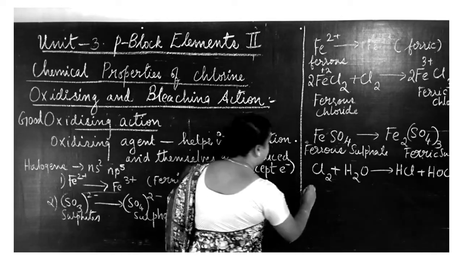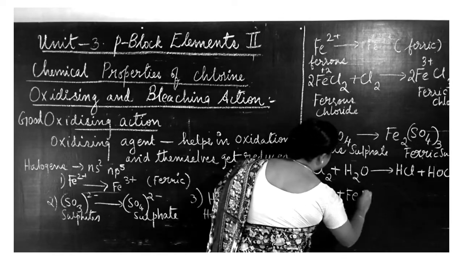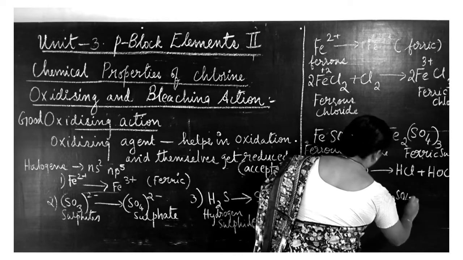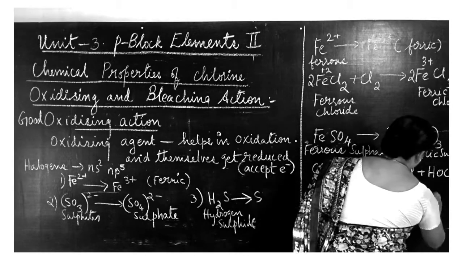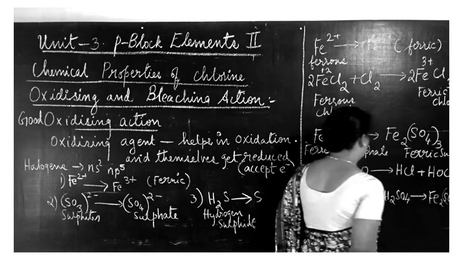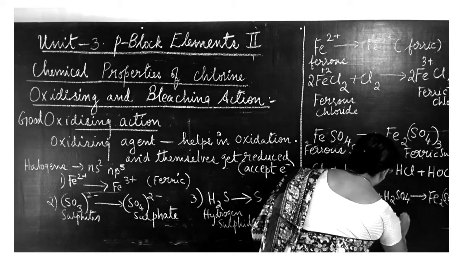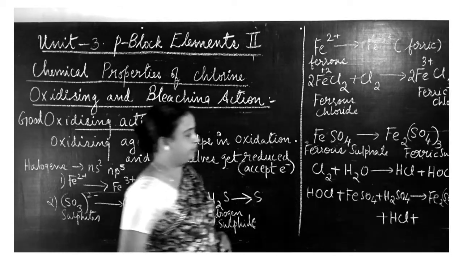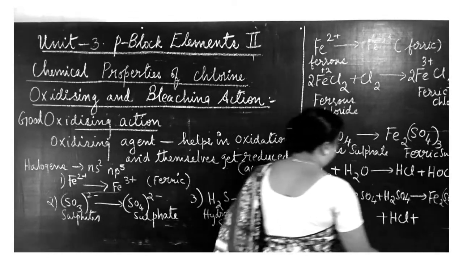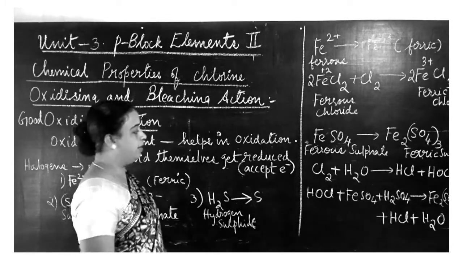Now this HOCl reacts with ferrous sulphate and H2SO4, in the acidic condition, to give Fe2(SO4)3, that is your ferric sulphate. Along with ferric sulphate, you also get HCl and H2O. So this is the reaction.